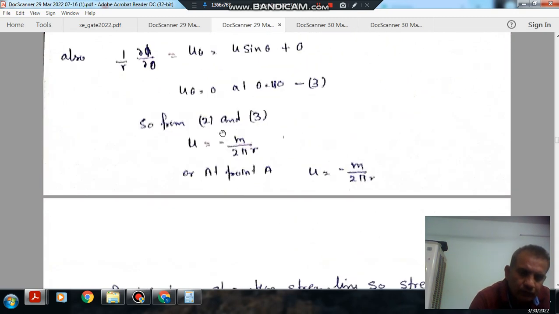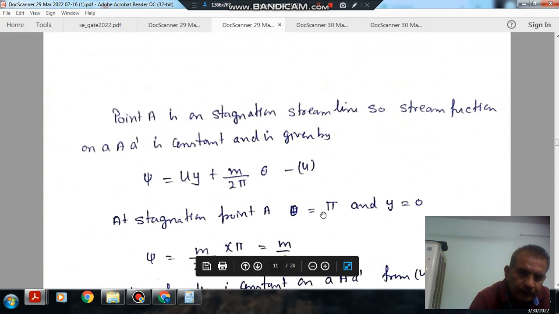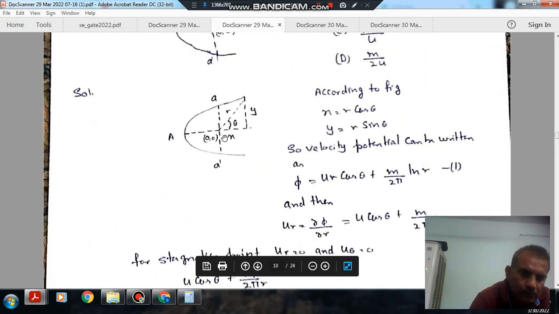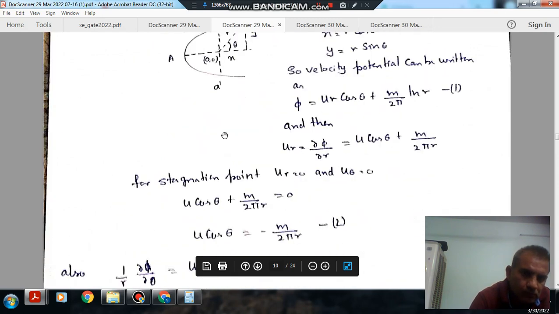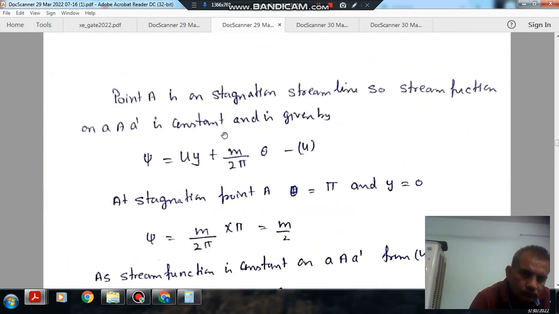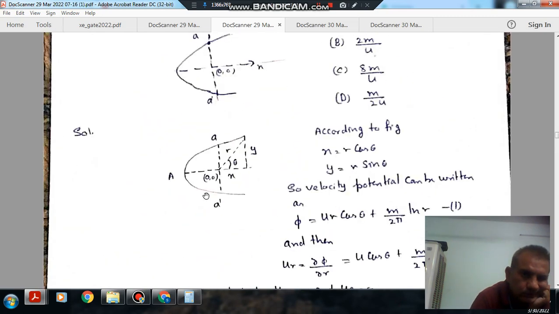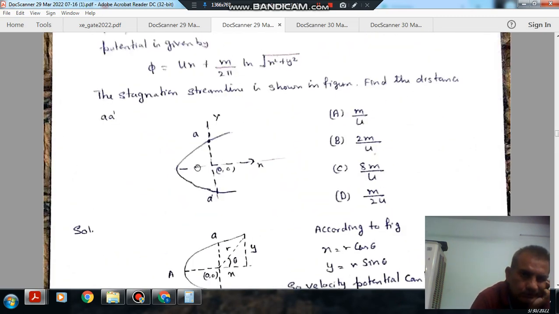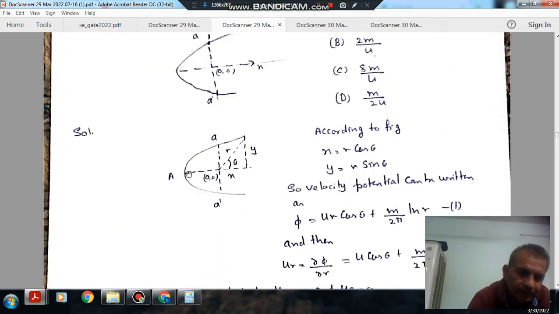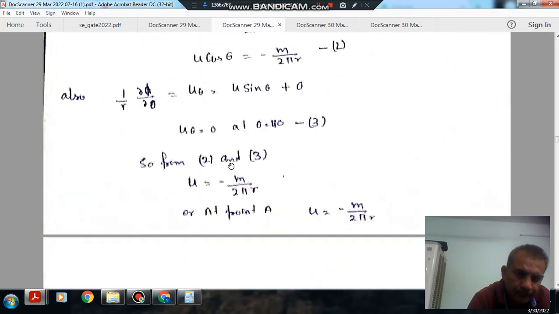So if we put y equal to 0, at this point A the y is 0 and theta is pi.